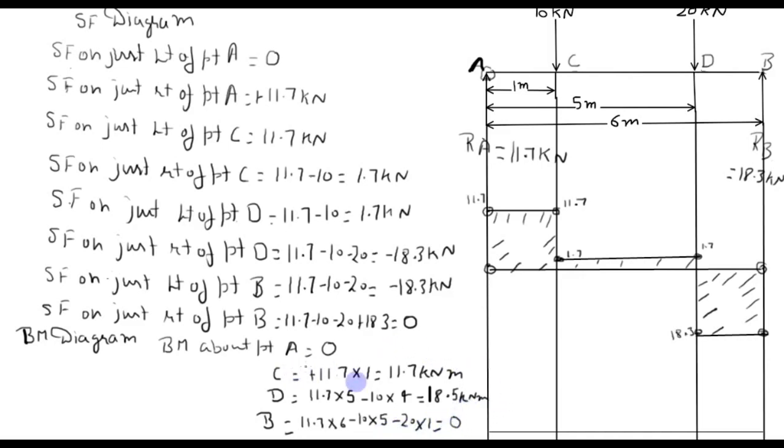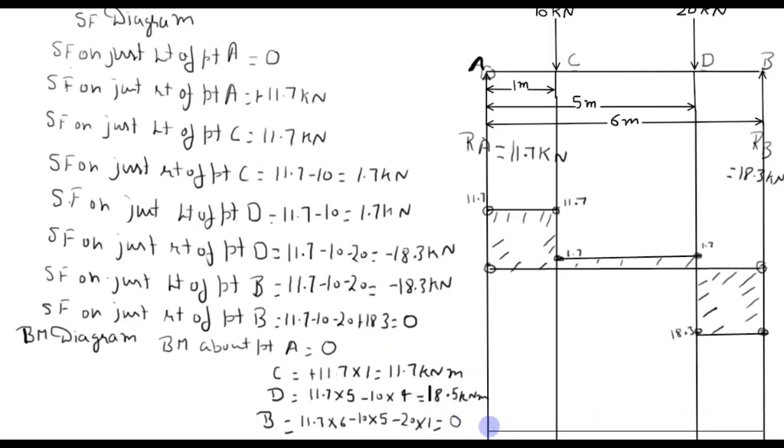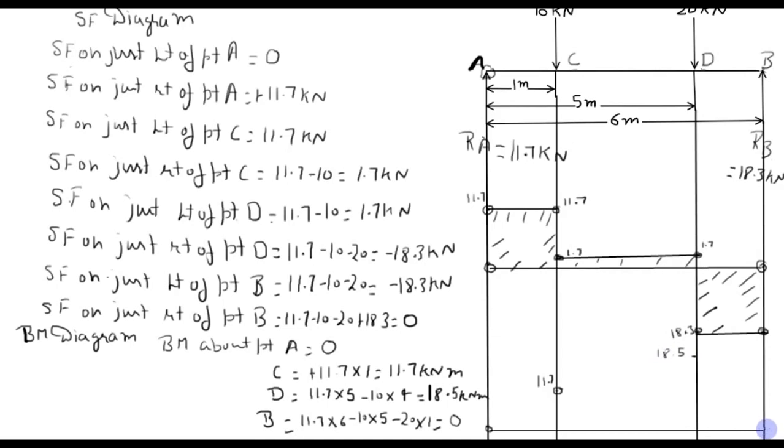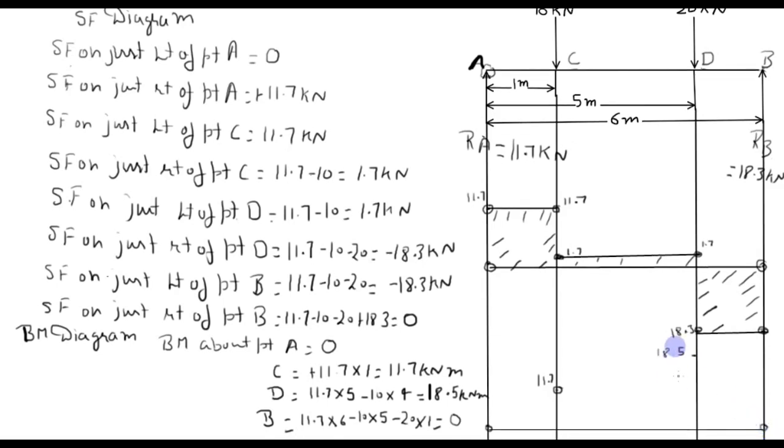Now plot all these points on this reference line. So first is A is having 0 value, C is 11.7, then D is 18.5, last point is B 0.